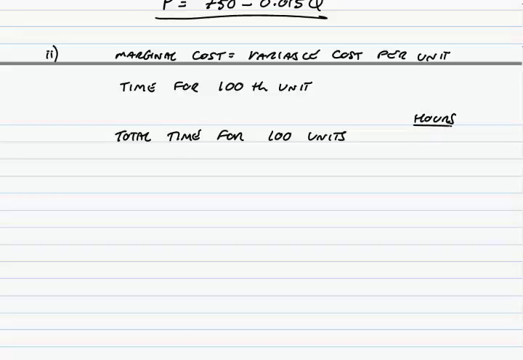I'll just set up a pro forma. That'll give us the total time for 100. If we subtract the total time for 99, then I'll be left with what I want, the time for the 100th.